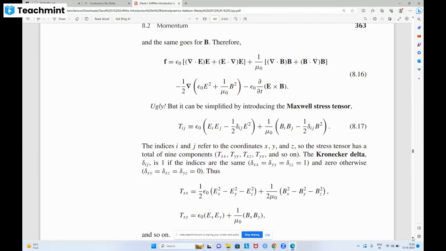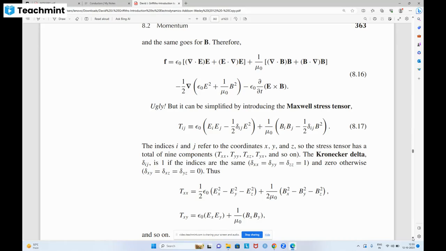All others are 0. First, T_xx can be expressed as half of epsilon 0 [E_x square minus E_y square minus E_z square] plus 1 upon 2 mu 0 [B_x square minus B_y square minus B_z square].